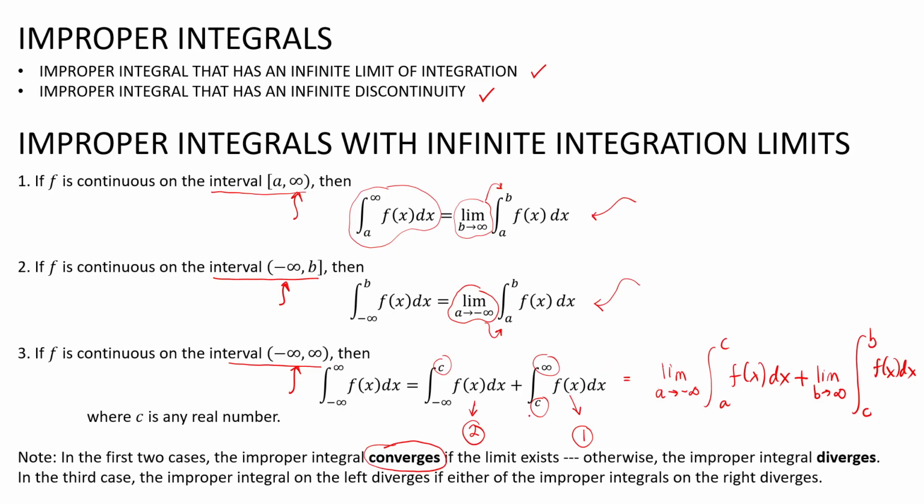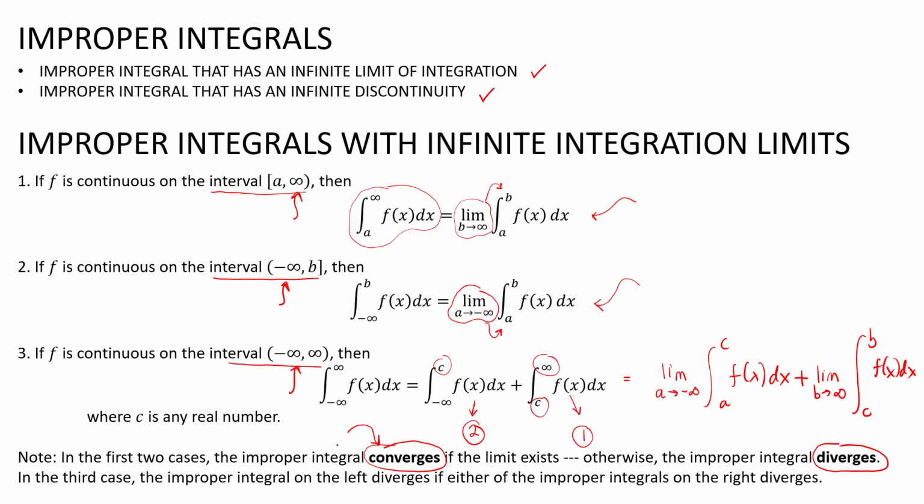If the improper integral doesn't have a limit, meaning the limit is not existent, so it's still infinite or negative infinity or zero, it diverges.